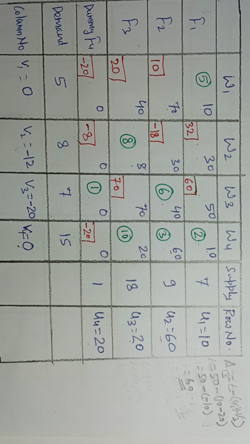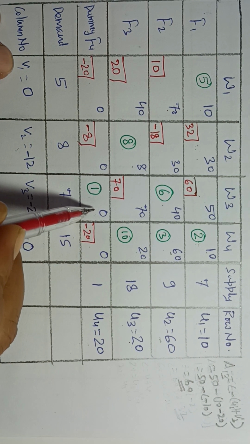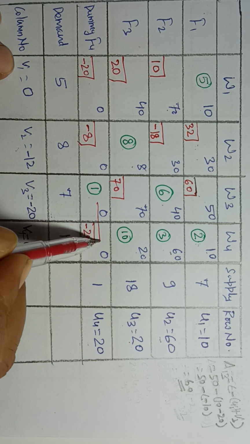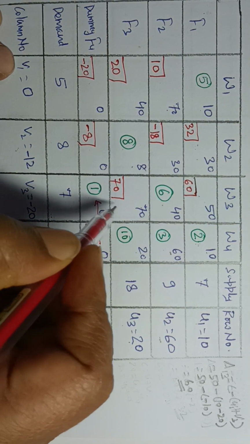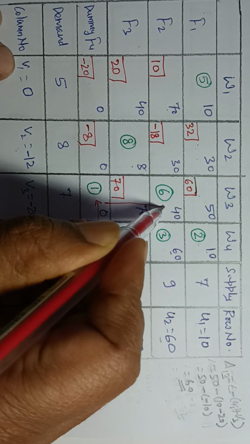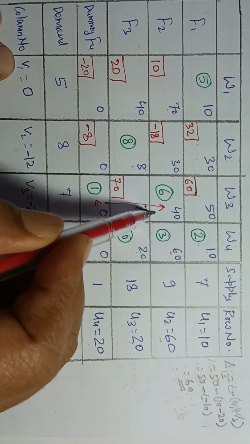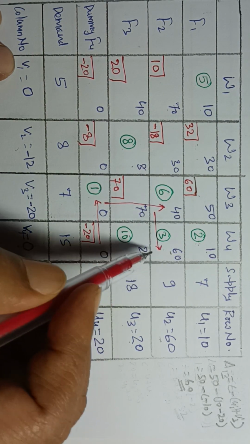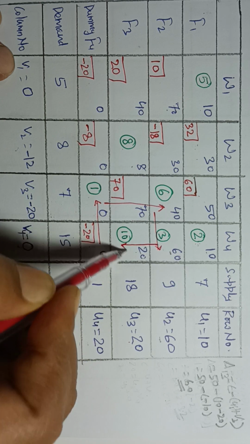So, drawing horizontal and vertical lines, I'll start from here like this. We'll take a turn from the occupied cell. We'll take a turn from the occupied cell. The next turn like this, and again this one.